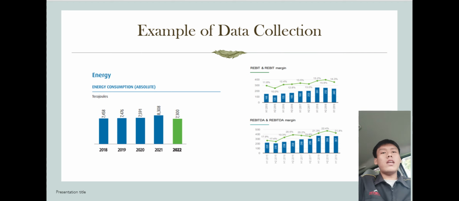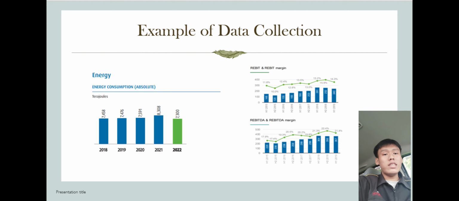Next, that is the data about the energy consumption. So the total consumption in 2022 was 7,313 TJ compared with 8,308 TJ in 2021, a decrease of 12%.